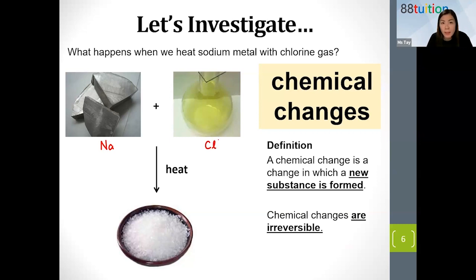Now, chlorine exists as a gas, so it must be a diatomic molecule gas. Why like this? Because it's not stable on its own, being an atom. So it can only be stable when it exists as diatomic molecules. This is Sec 3 work, so not to worry. You just need to know chlorine has this formula.